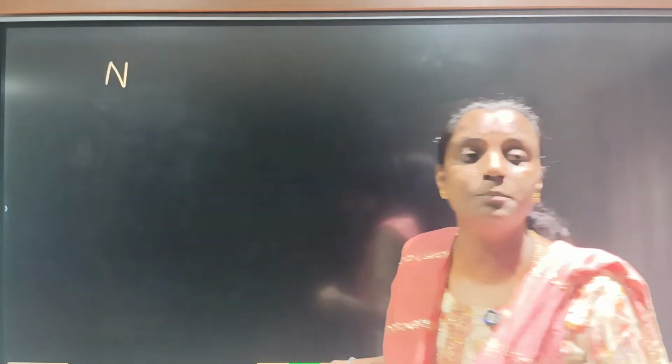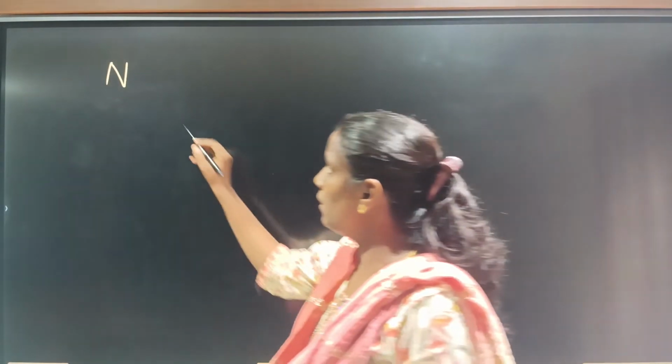With the continuation of this, can you tell me the nitrogen atom's atomic number? 7. Okay. So what will be the electronic configuration of it? Nitrogen 2, 5.